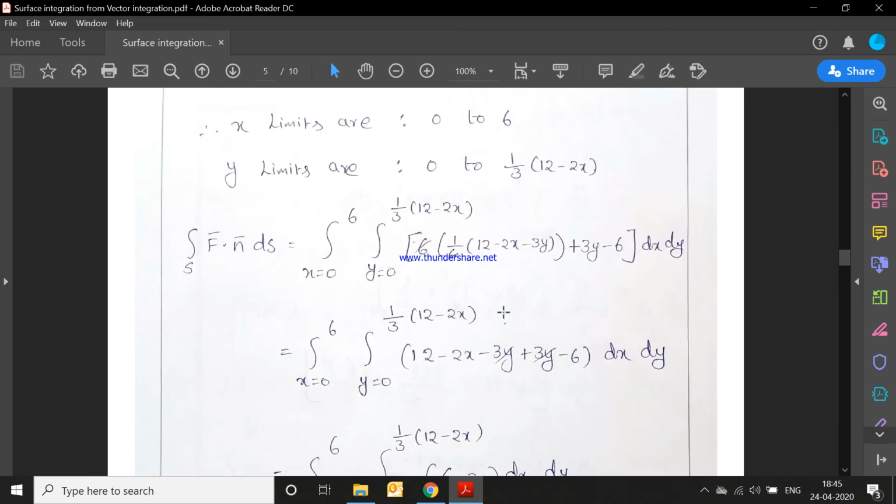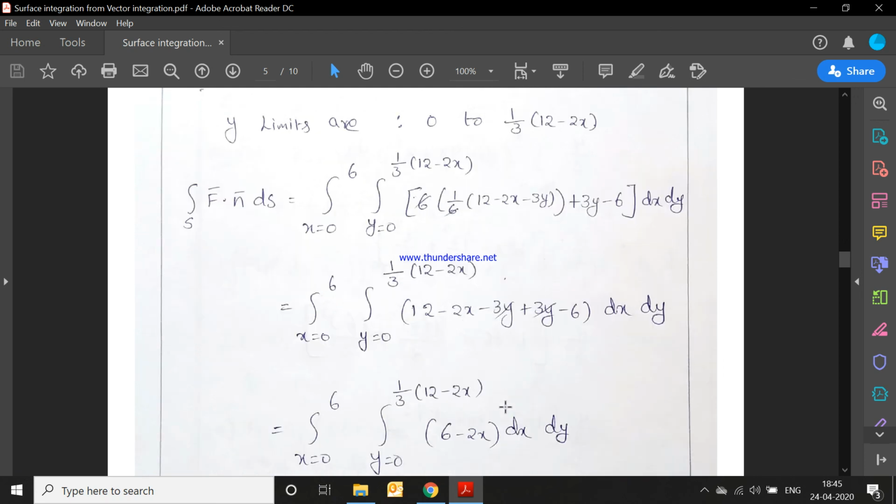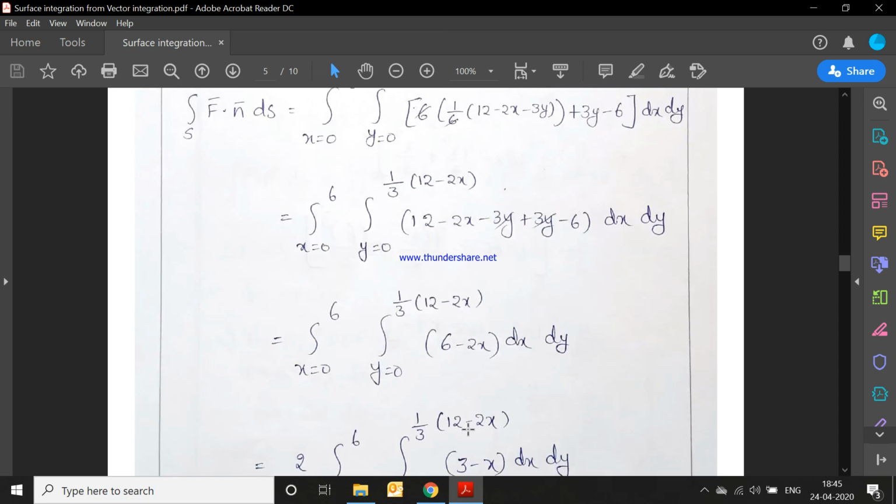You can cancel 6 and 6, and then 12 minus 2x minus 3y plus 3y minus 6, the 3y and minus 3y cancel, and simplifying we get (6 minus 2x) dx dy. From 6 minus 2x, taking 2 common outside, we get 2 into (3 minus x) dx dy.